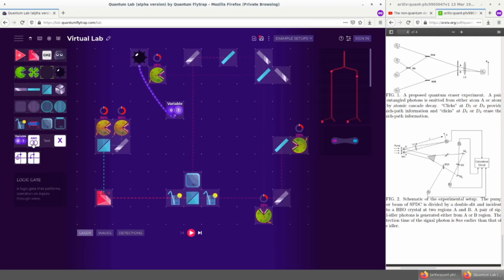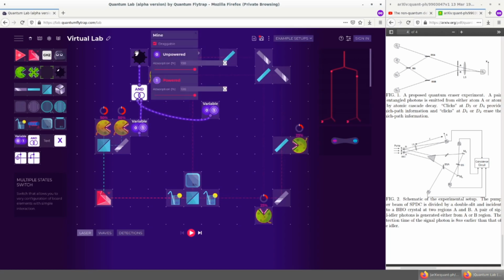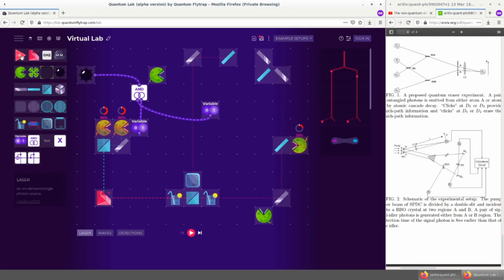So what I found I can do is I can make an AND gate and power the bomb from the AND gate. And then I can have two inputs into that AND gate. And the bomb will only be opaque if both inputs are on, if I set it up that way. And now if I add a laser here, we can see when both inputs are on, we hit the bomb, but if one of the inputs is off, it goes through.